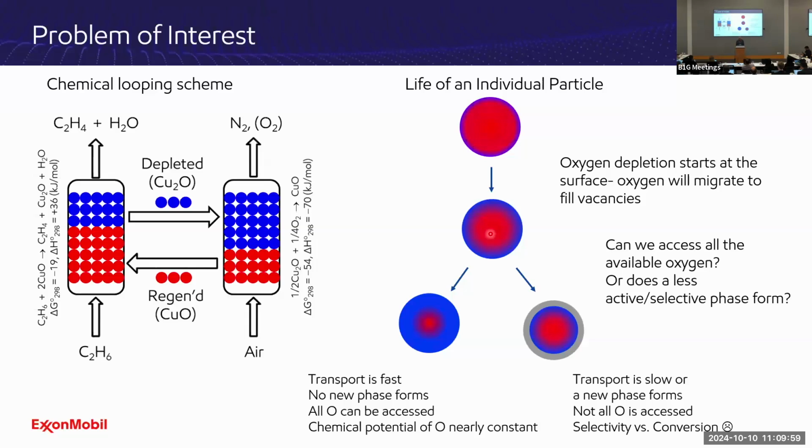What I want to avoid is some kind of phase transformation at the surface, which effectively cuts off that diffusion or strongly alters the reactivity. These are things we have to at least consider as possibilities in our system. So one of the things we're going to eventually have to implement is the stability of these structures, and how they transform as you deplete oxygen.